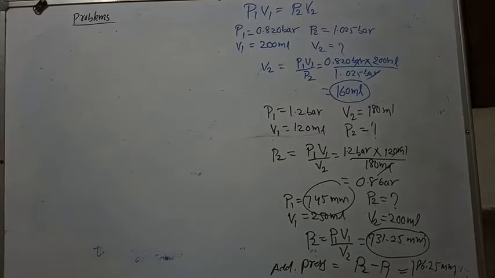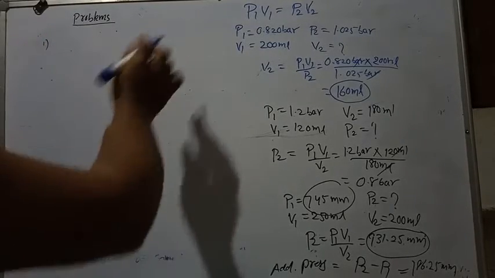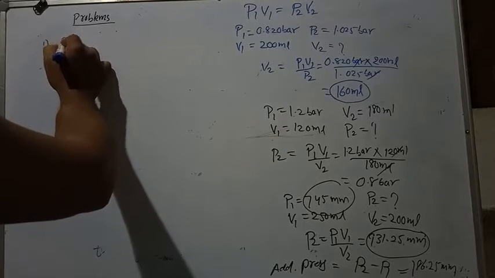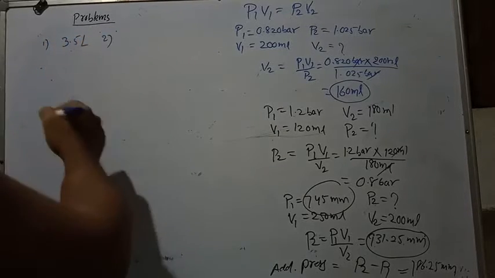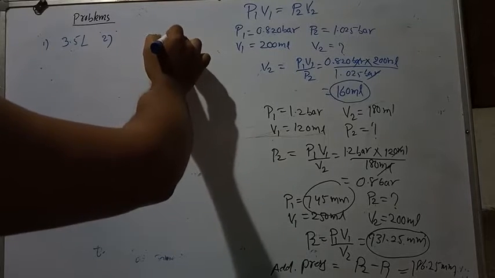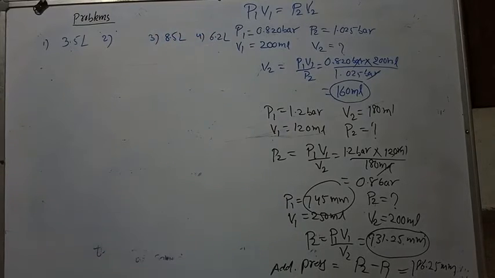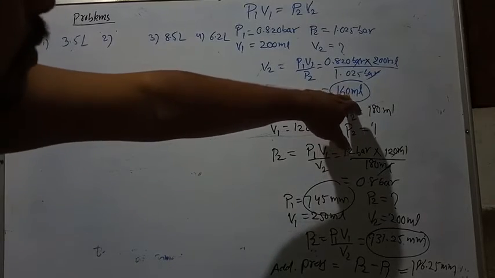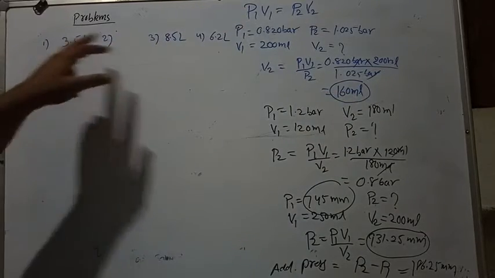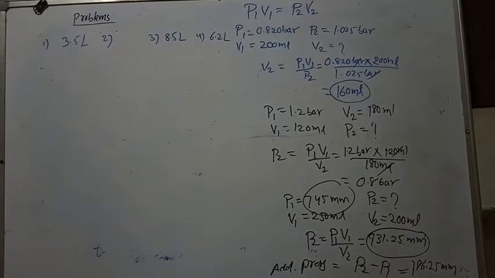In the first problem, the answers are given in liters, like 2.5 liters, 8.5 liters, fourth one 6.2 liters. But you are getting ml, so you have to convert into liters. Why? Because the answer is given in liters. That is the reason why we have to convert ml into liters.